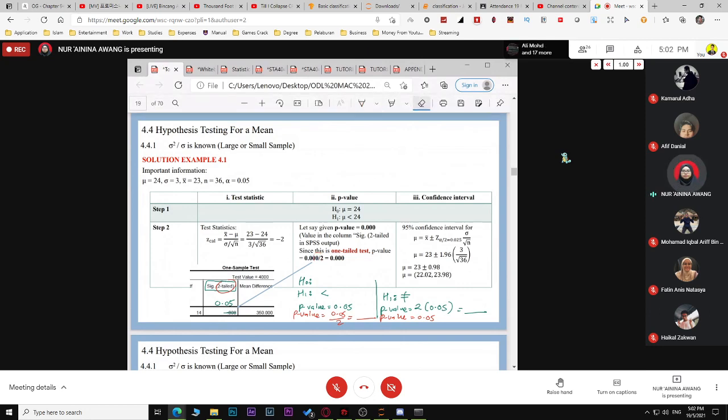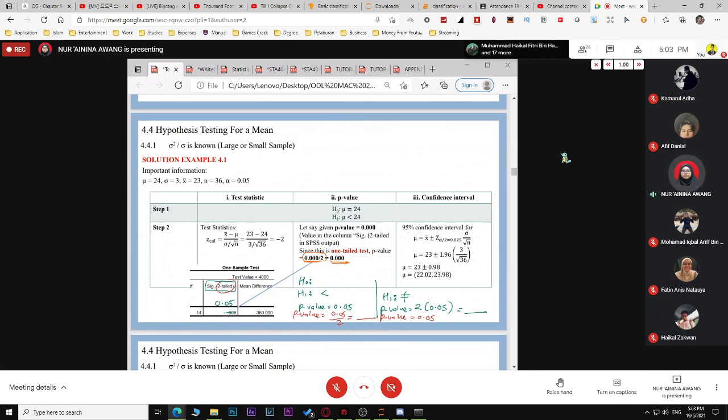Even though the value is 0.002 and if you divide by 2 you will get the same value, you need to show it so that you understand the concept. So just show 0.002 divided by 2 is equal to this one.